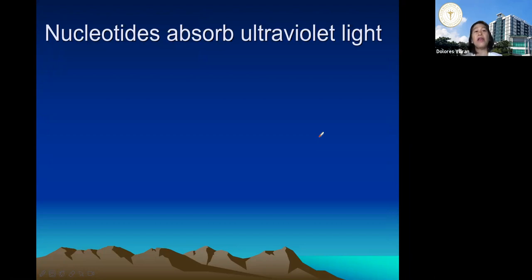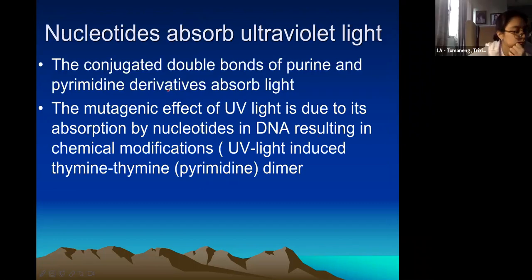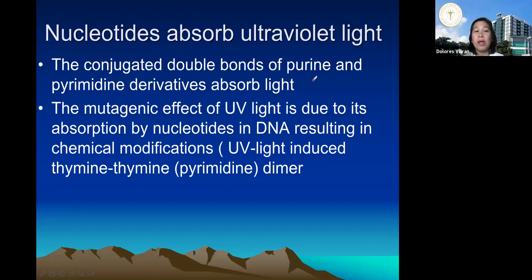So what is the significance of knowing that nucleotides can absorb light, especially ultraviolet light? What is the significance of knowing that the nucleotides, the bases, absorb light? Take note, the conjugated double bonds of purine and pyrimidine derivatives absorb light.